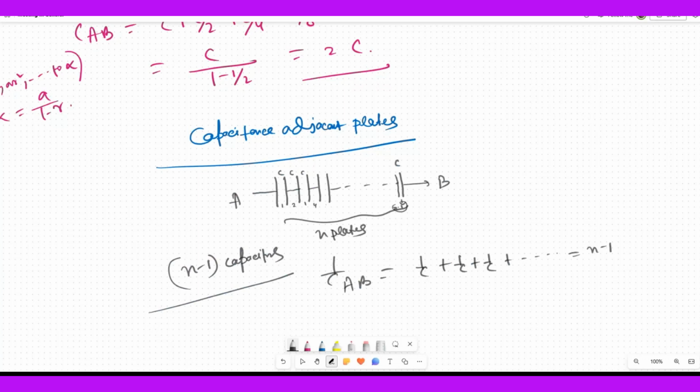This will be n minus 1 by C. So C_AB equals C divided by n minus 1. Okay? But plates will not be given in this manner always. Plates may be given this way also. I'm just taking this example.